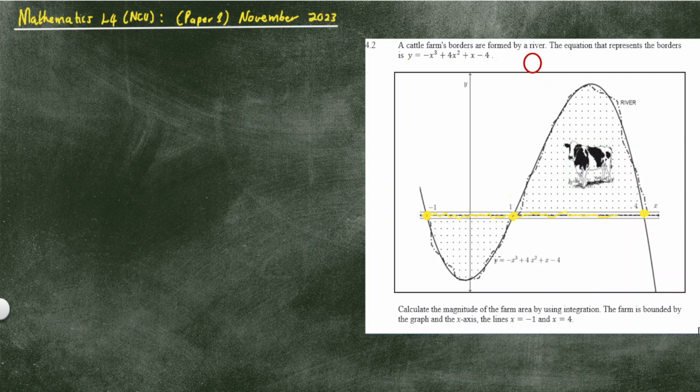So we'd have to calculate the area for this boundary, right? So let's say you know what, let's call this maybe area 1 and call this one area number 2. So when getting the area under a curve, 4.2, let's start with area 1. Let's say area 1 is equal to the integral of, for a function, let's call it y.